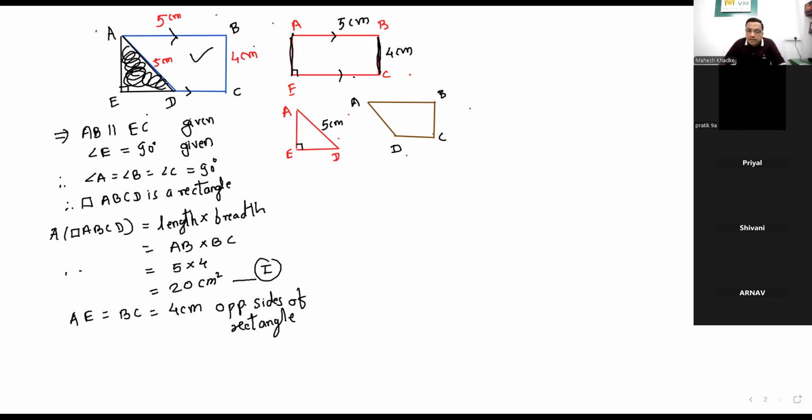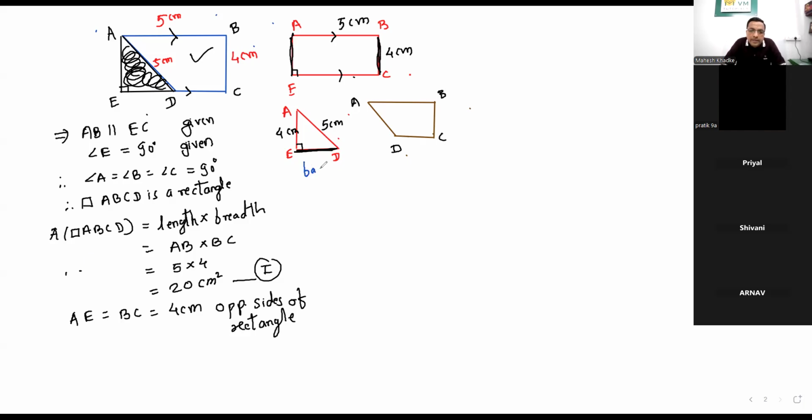Opposite sides of rectangle. Now we have this triangle, दिख रहा है AED, जो अलग कलर में किया था मैंने. This is 4 centimeter. So area of triangle का फॉर्मूला क्या है? Area of triangle is half into base into height. Correct. So AE is a base, ये हमारे पास इधर बेस है.